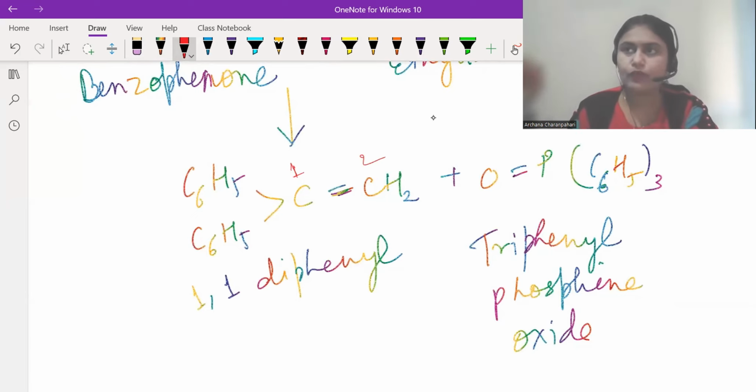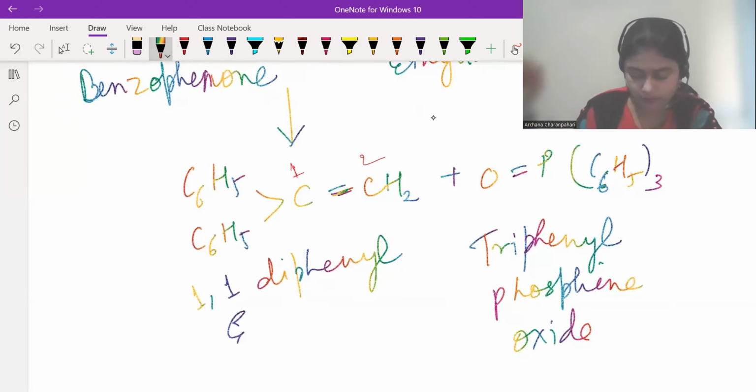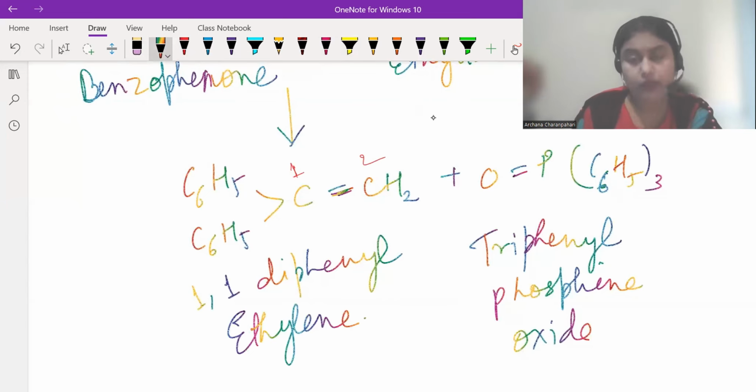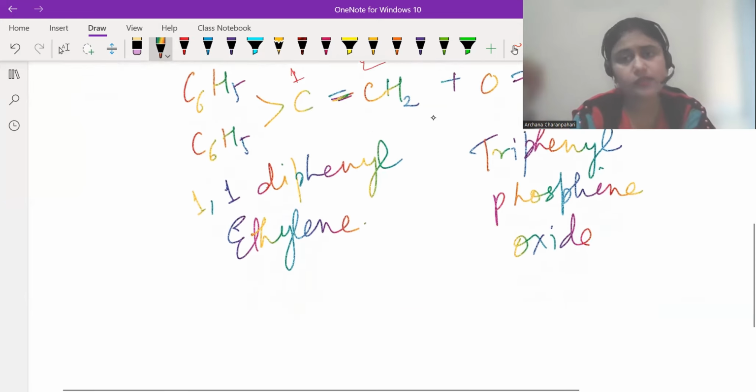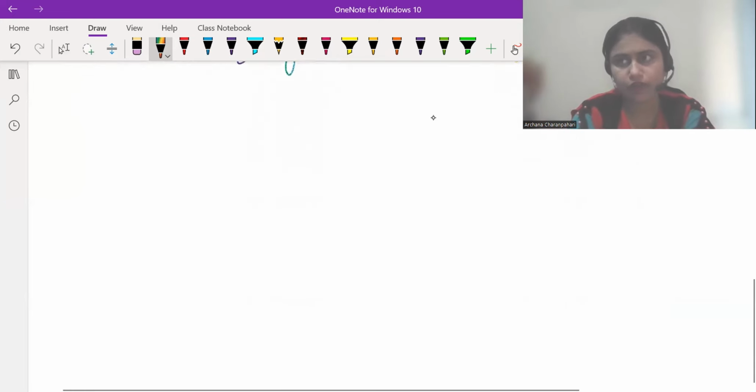So, 1,1-diphenyl ethylene. That means you are paying attention. In IUPAC nomenclature, the carbon with the substituent is given number 1 and the double bond is given number 2. So this is your end product of the Wittig reaction.